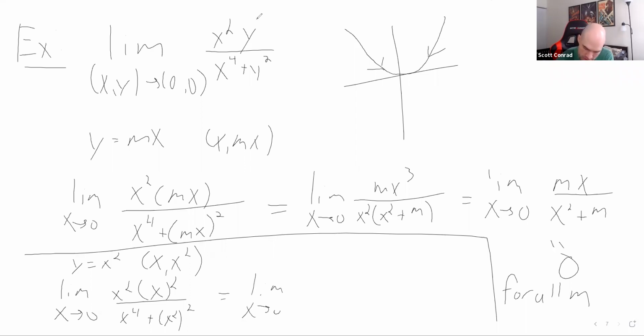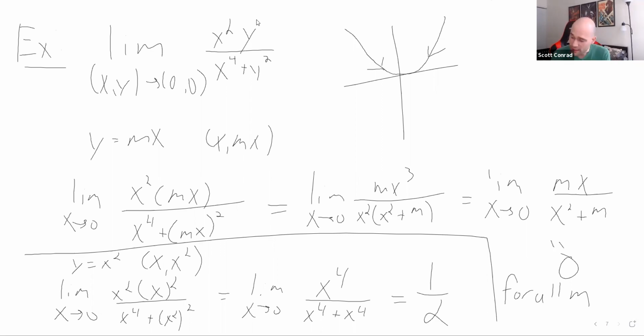So we get the limit as x goes to 0 of x to the 4 over x to the 4 plus x to the 4. What is this limit? 1/2, right?